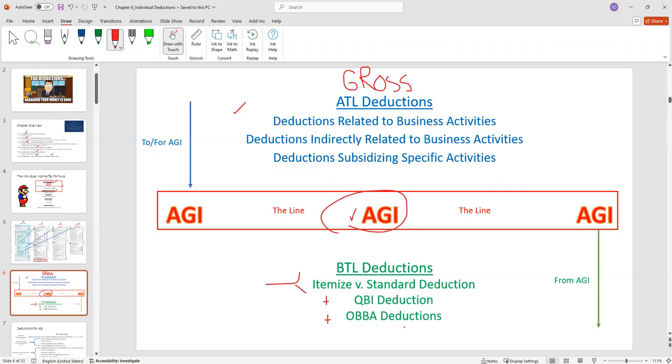More recently, there are these big, beautiful Bill Act deductions, so things for tip income, overtime income, qualified car loan interest income, and then a senior deduction. So we'll look at these. The first lecture, we're going to focus on just the above the line deductions.